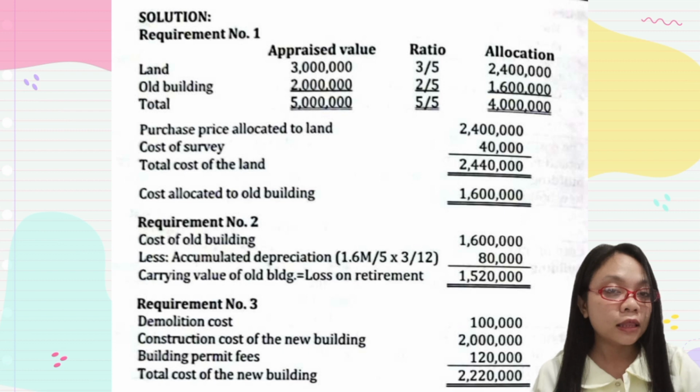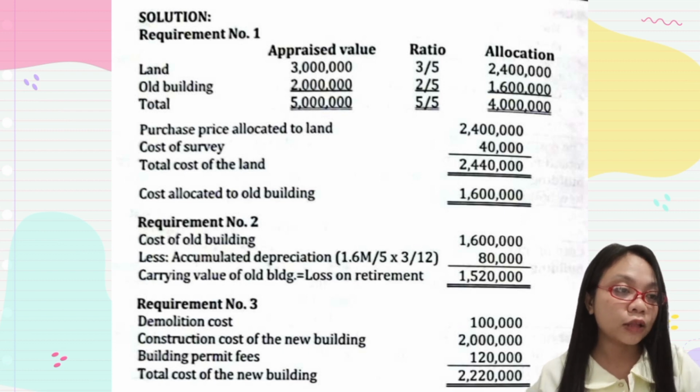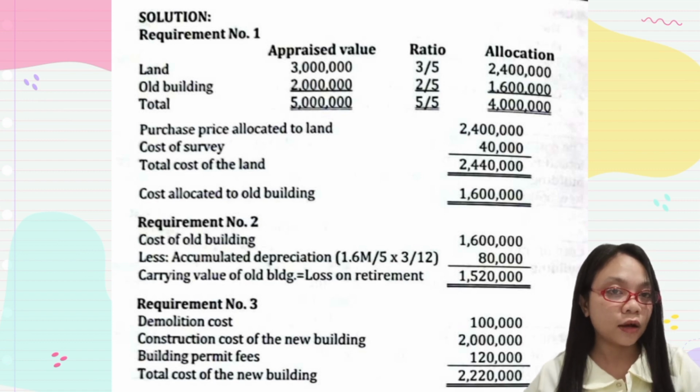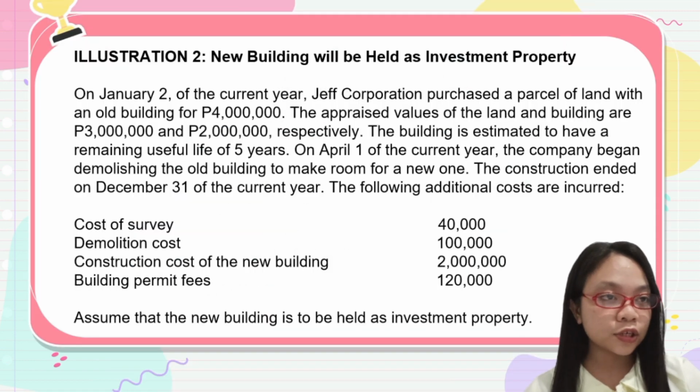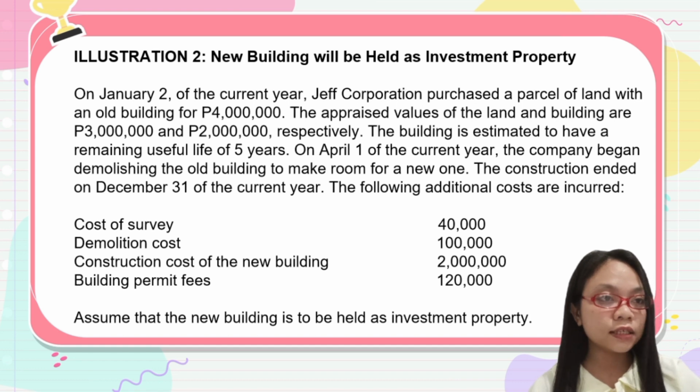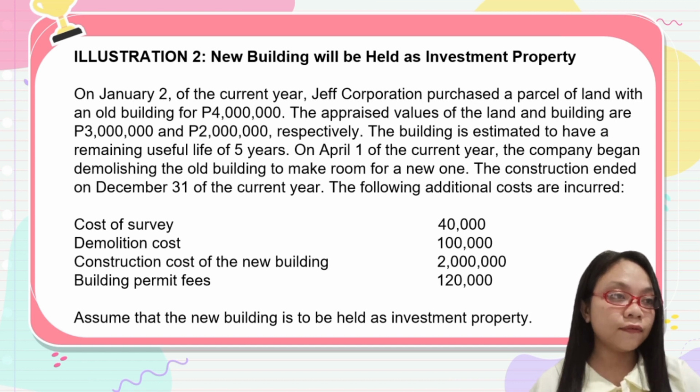However, there are also fees or additional costs that we need to pay. So, we have building permit fees of 120,000. And then the total cost of the new building is 2,220,000.